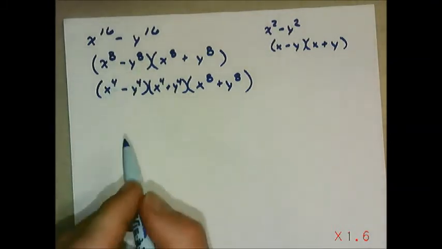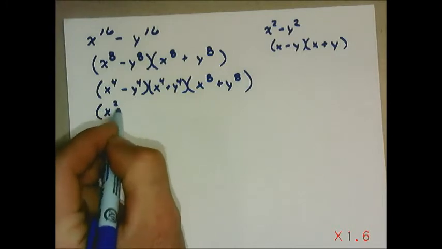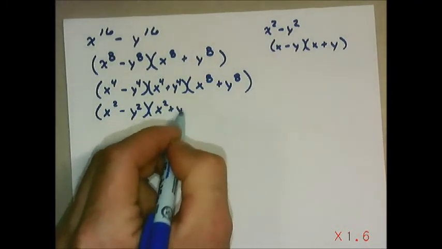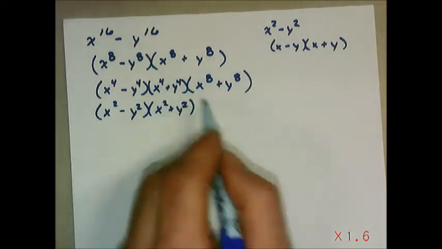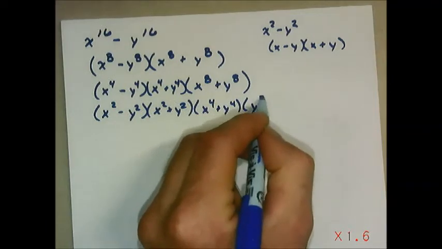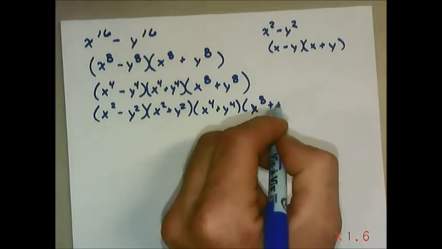If we look at x to the 4th minus y to the 4th, that factors for us x squared minus y squared and x squared plus y squared. And we're going to tack on these other two, x to the 4th plus y to the 4th and x to the 8th plus y to the 8th.